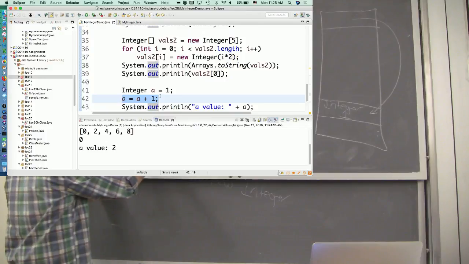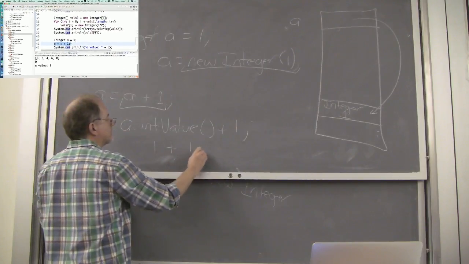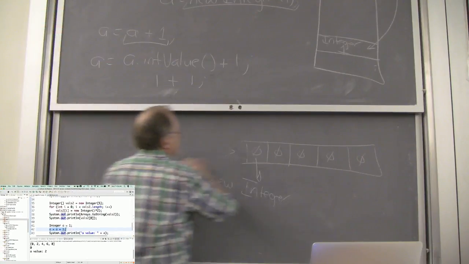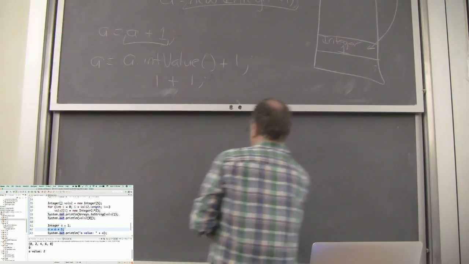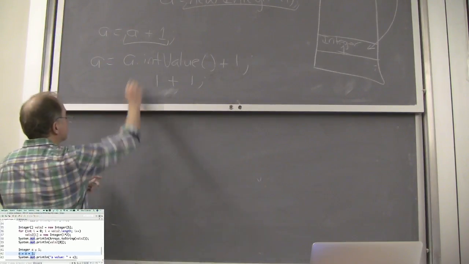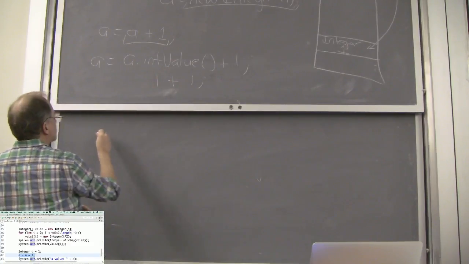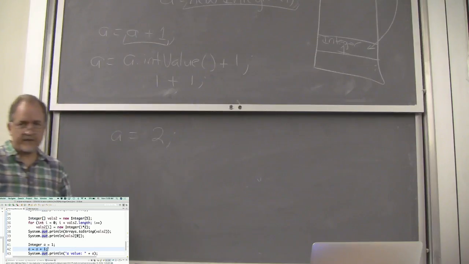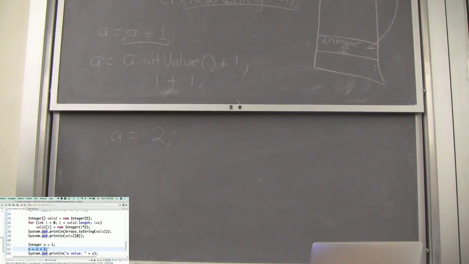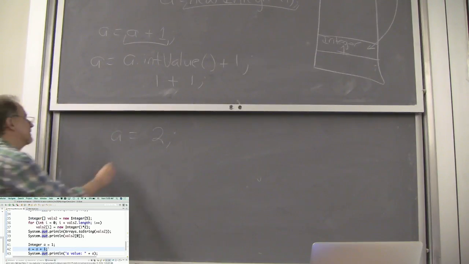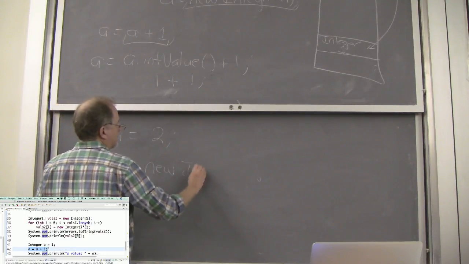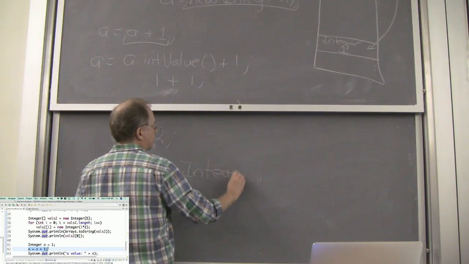A 1, yes. So we get 1 plus 1. Now we can evaluate this right-hand side expression, and we get a equals 2. What happens to an int when it sees this? It autoboxes it. A equals new Integer 2.